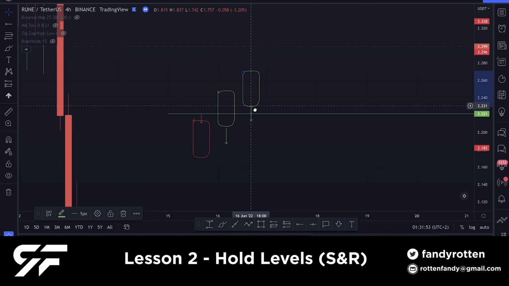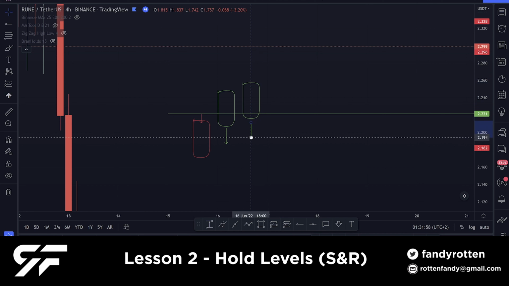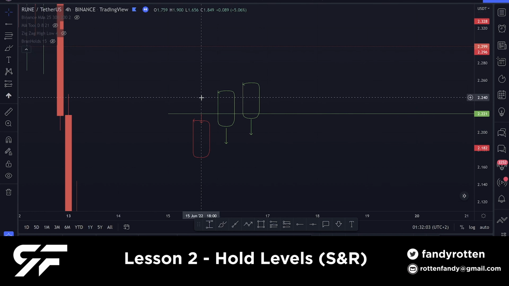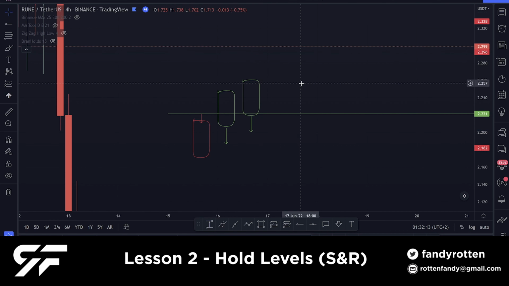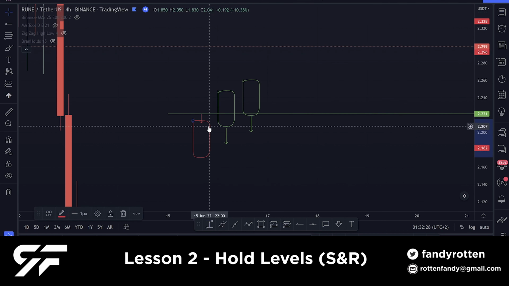But what if this body were over here? Would we refer to this as a valid hold? The answer is yes. Even if a small portion of the body, even if it looks something like this, is below the hold itself, it will be referred to as a valid hold, as long as the third candle after this, or it could be the fourth, could be the fifth, and even if it has a red candle here in the middle, doesn't matter.